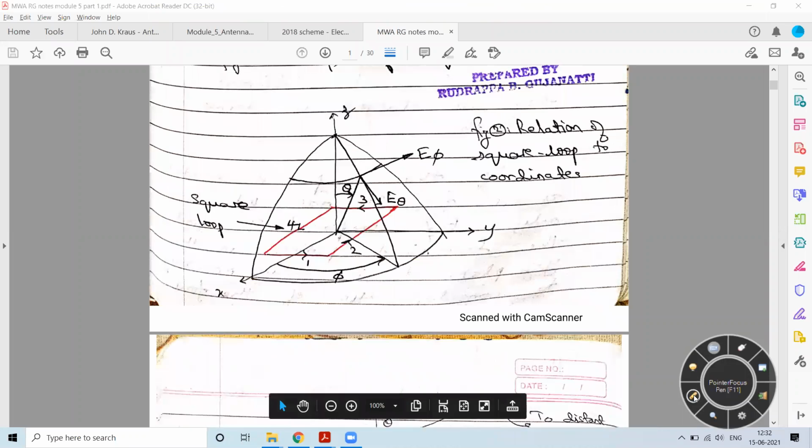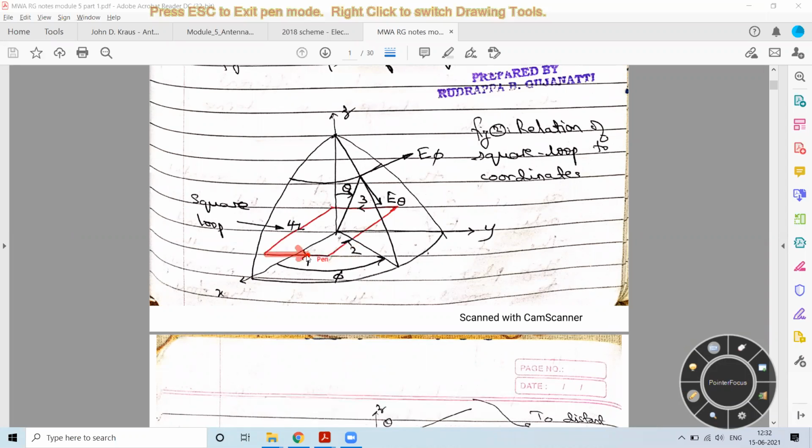Now, if you pass current through the loop, it will enter from one direction and it continues. Here we can see that the direction of the current still continues and it moves further. Because of this, we can have an associated magnetic and electric field because of the current flowing through the conductor.